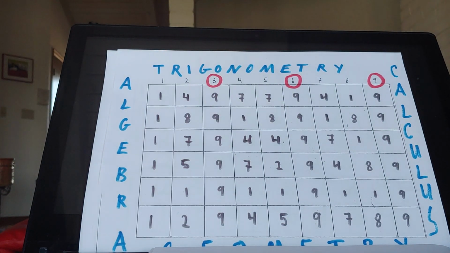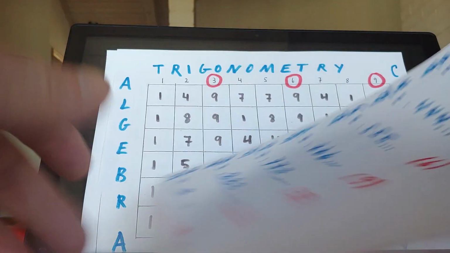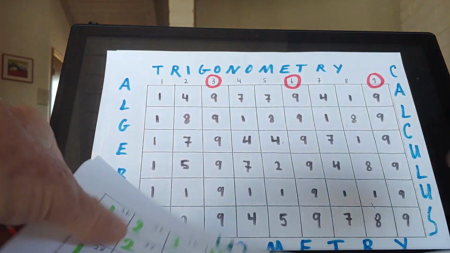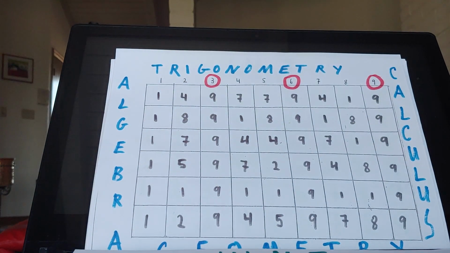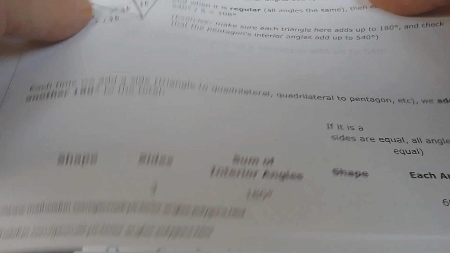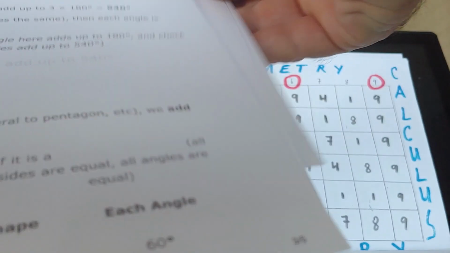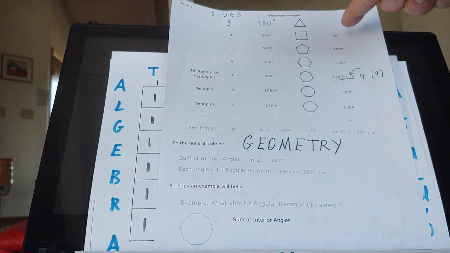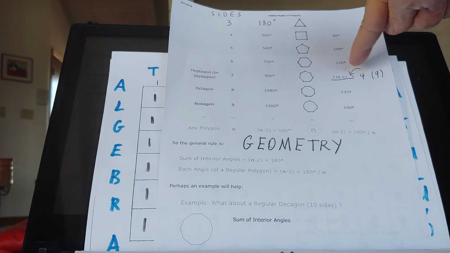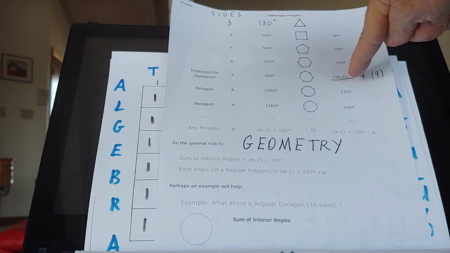Okay, so something about the 369 code, if I find the paper without any difficulty, I hope. Let me see. Well, okay, it's coming. So basically what I want to show you is, okay, so trigonometry is the 369 code, as well as geometry. 90 degrees, 9, 108 degrees, 9, 120 degrees, 3, 128.57.